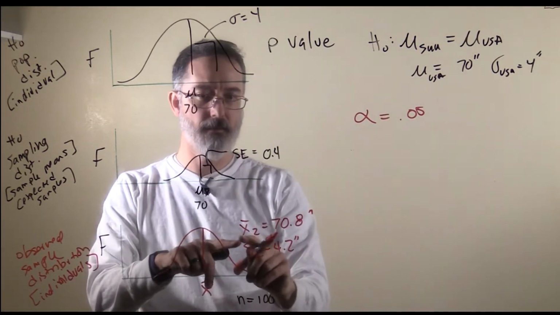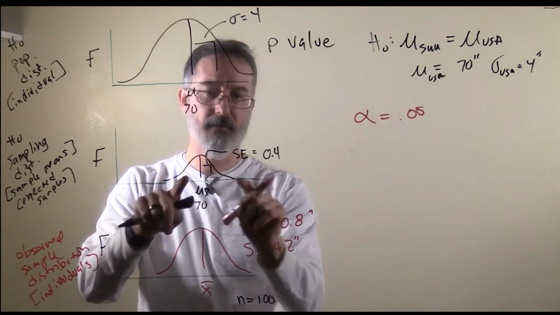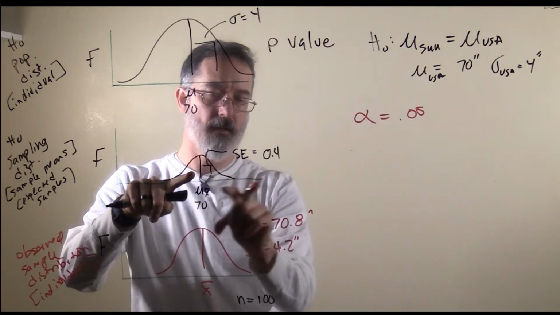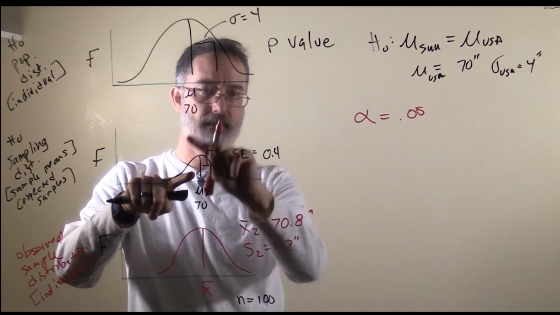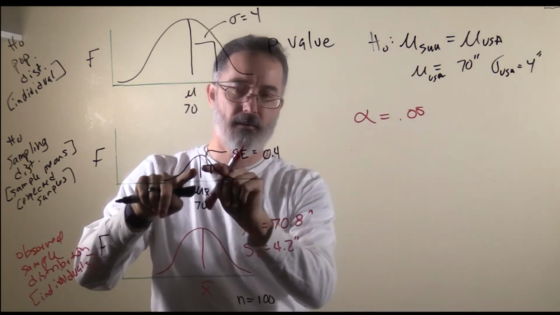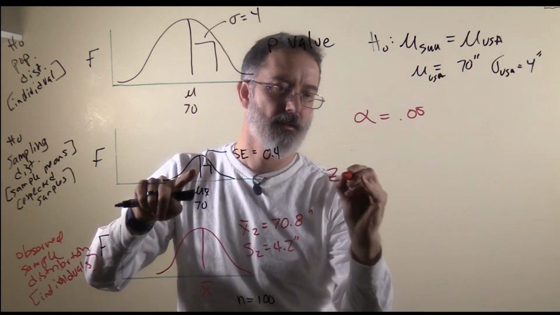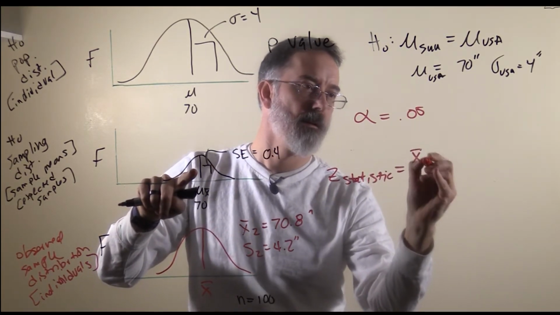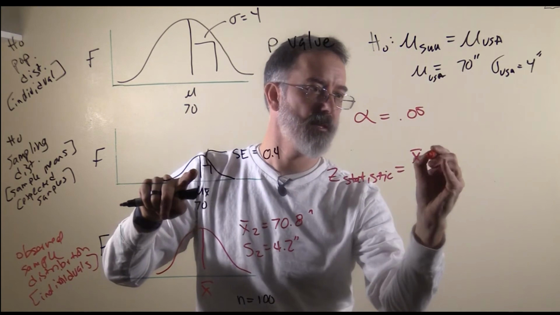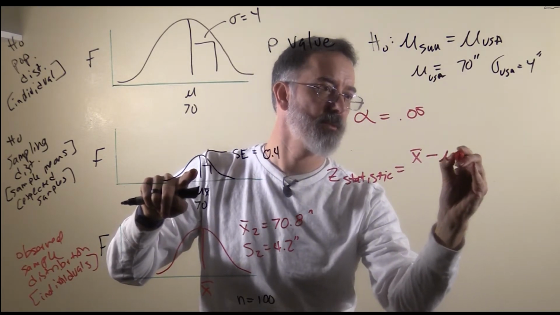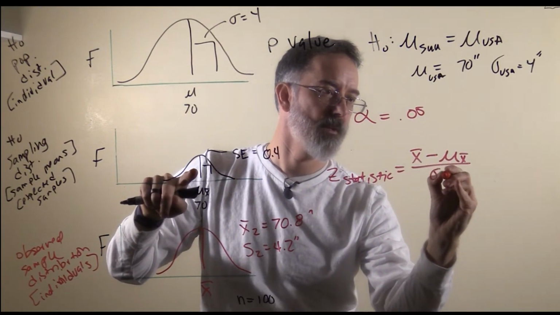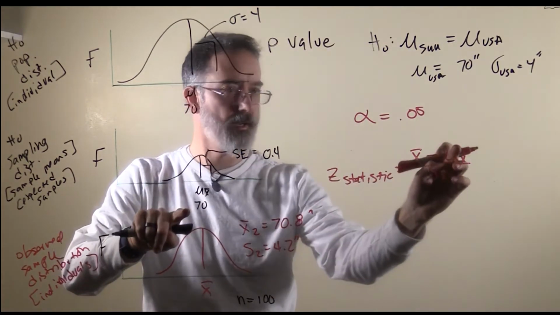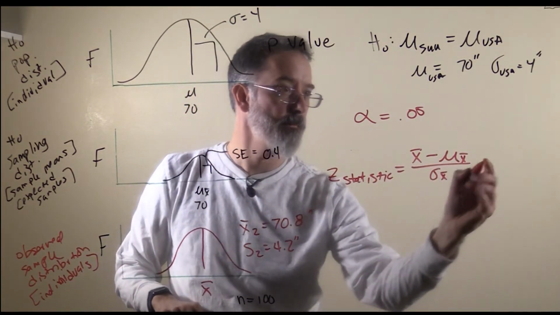So to calculate the p-value, we need to find out the z-score of our sample mean on this distribution. A z-score on this distribution is called a z-statistic. And so we want to find out the location of our sample mean on this distribution. So we'll just plug in the mean and the standard deviation for this distribution here.